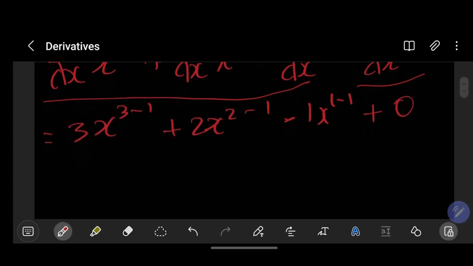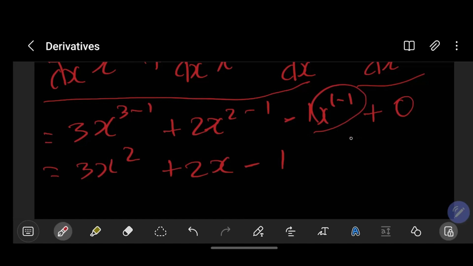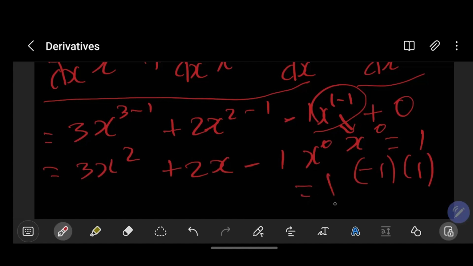So that's basically just equal to 3x squared plus 2x minus 1. Just note here, x to the 0 is basically 1, so we have minus 1 into 1, which is minus 1. Okay, so just note x to the 0 is always equal to 1.